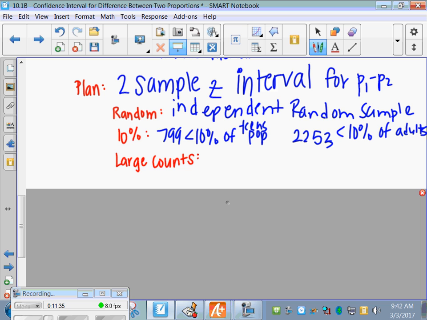We check large counts. All right, N times P. So 799, and what percent did we get in our sample that used technology? 80%. Now, for calculator purposes, because we're going to use the confidence interval button on our calculator, I would like you to round to whole numbers.